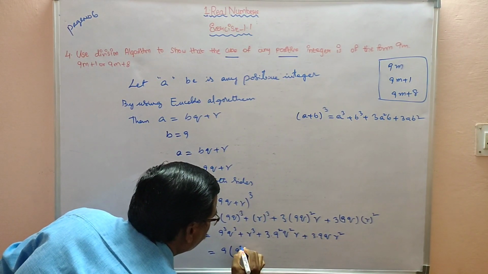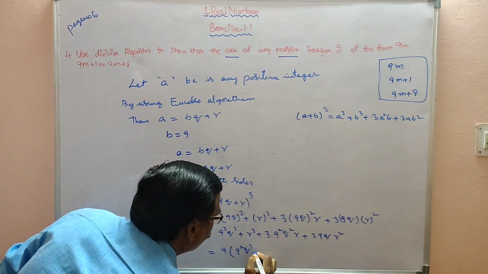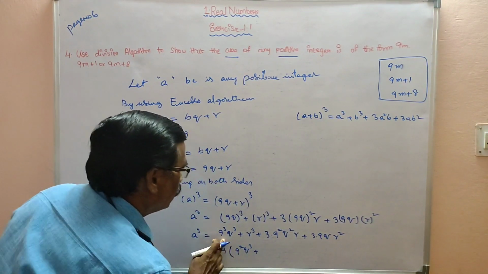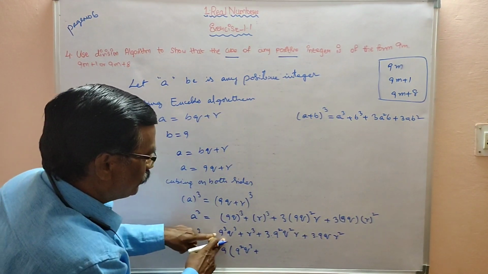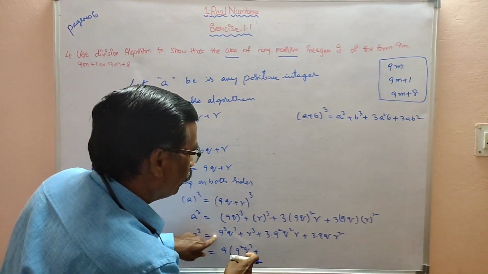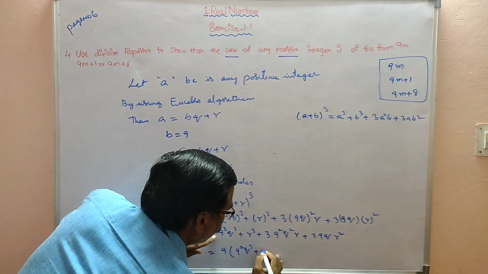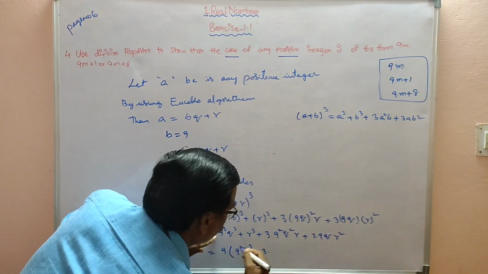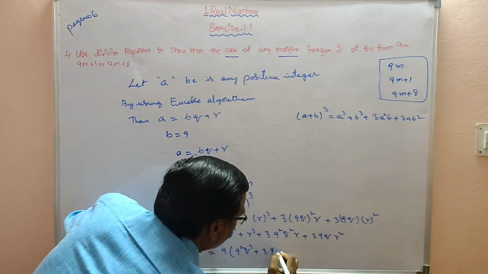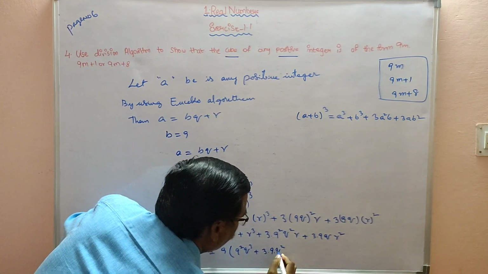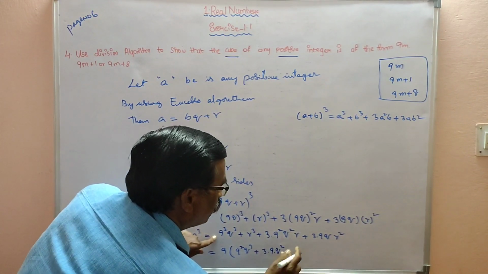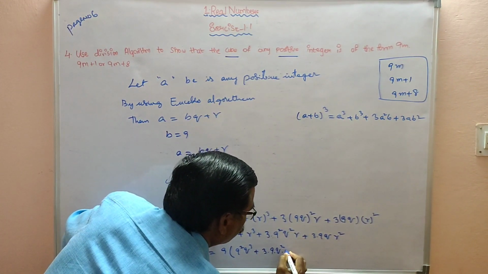In the first term, 9 square q cube. In the next, 3 into 9 into q square into r.